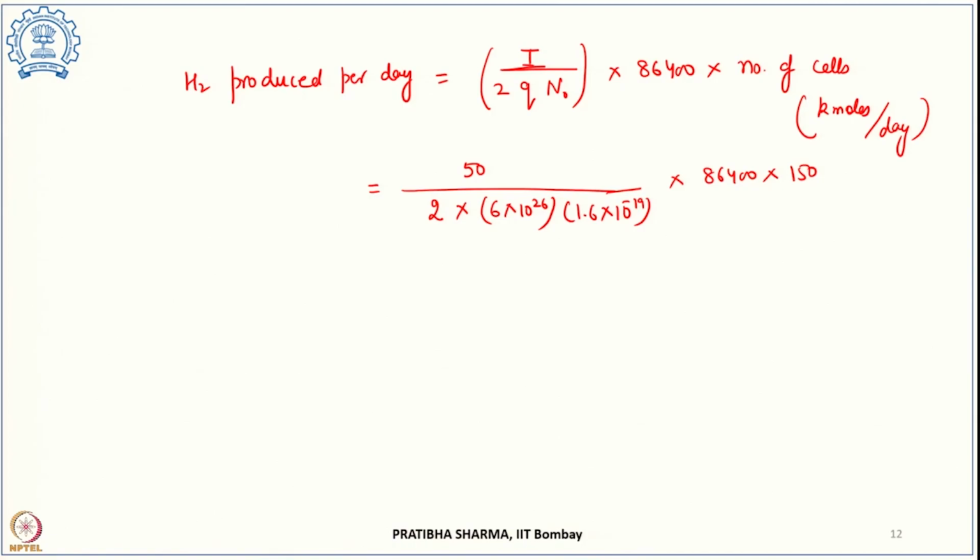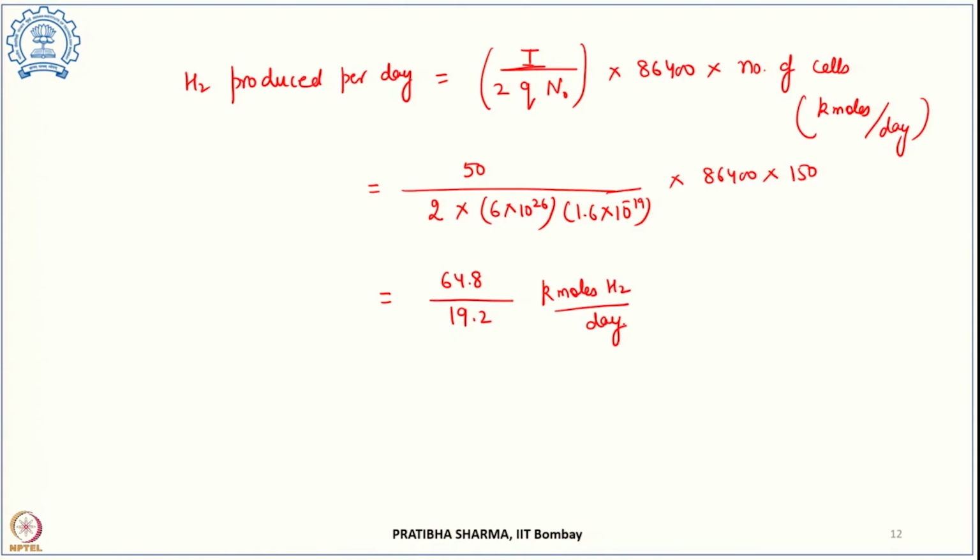Now, if we solve this, we get 64.8 divided by 19.2, this is kilomoles of hydrogen produced per day.